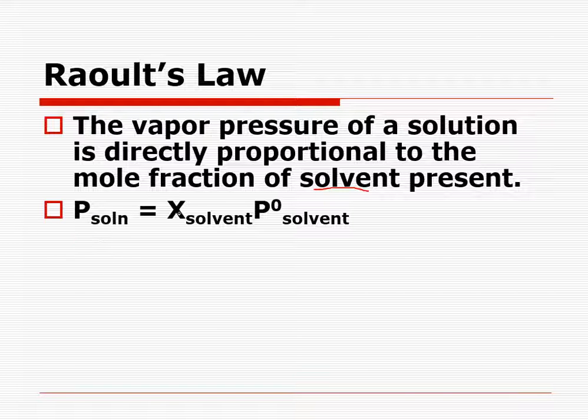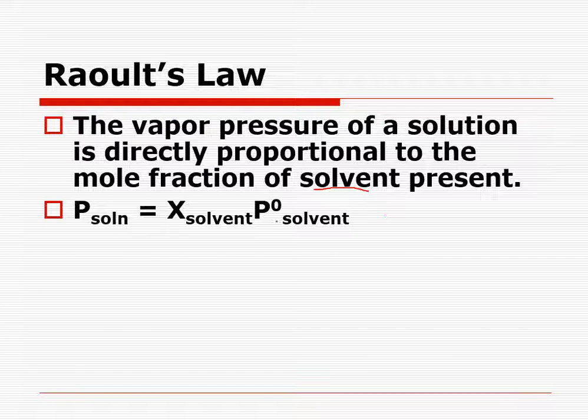To find that, you take the mole fraction of the solvent and multiply it by the vapor pressure of the original solvent. This little o here represents original, or the pure solvent. That's what that's indicating, versus over here where we don't have that little o. Sometimes people say that's the starting point, but I usually think of that as the original.